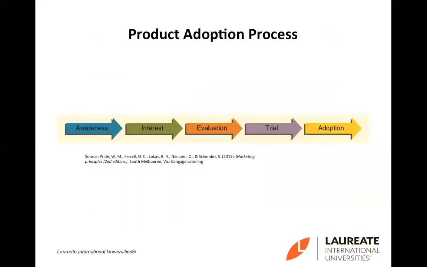Now, from consumer behavior perspective, we also understand that the product adoption process goes through the awareness, interest, evaluation, trial, and adoption. And experts suggest that with the digital marketing strategy, that process may be able to be a shortcut, basically, from awareness right through the adoption.